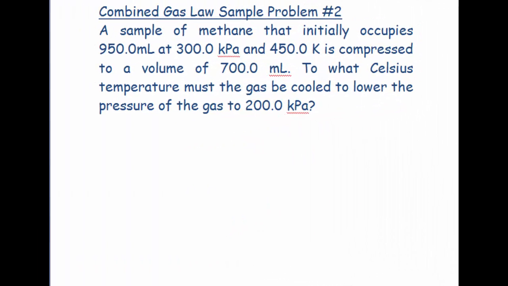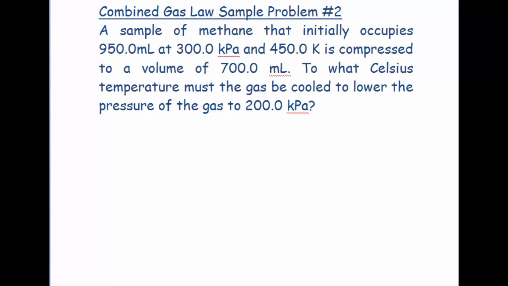Here's our second combined gas law sample problem. A sample of methane that initially occupies 950.0 milliliters at 300.0 kilopascals and 450.0 Kelvin is compressed to a volume of 700.0 milliliters.